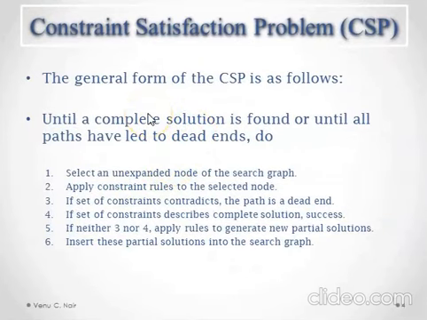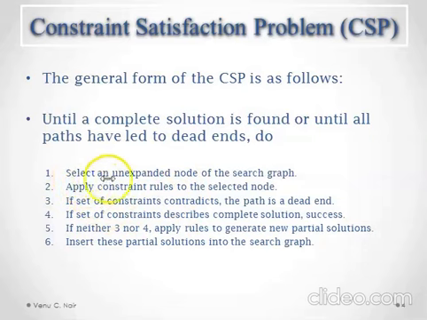The general form of CSP can be considered as follows: until a complete solution, that is a successful search, is found, or until all the paths have led us to a dead end, which means an unsuccessful search, we have to follow these steps repeatedly.